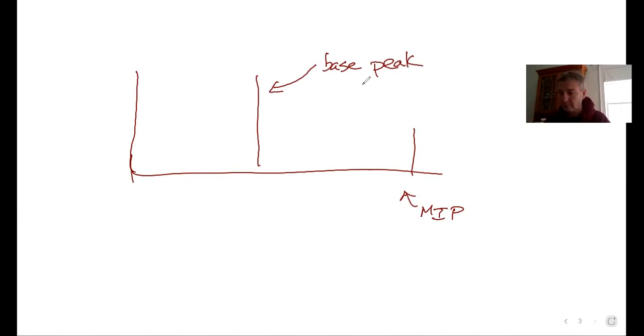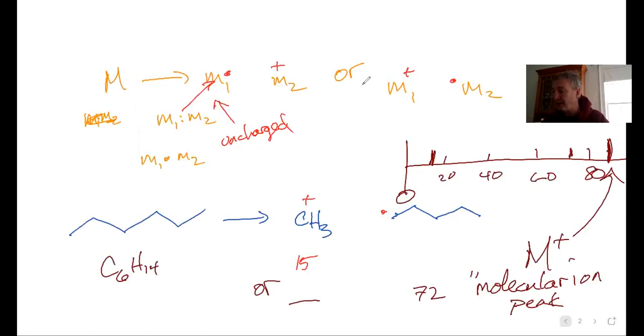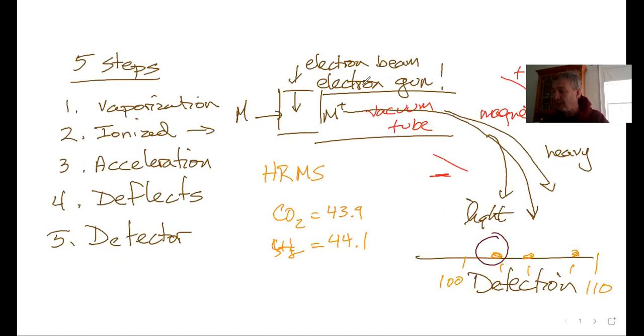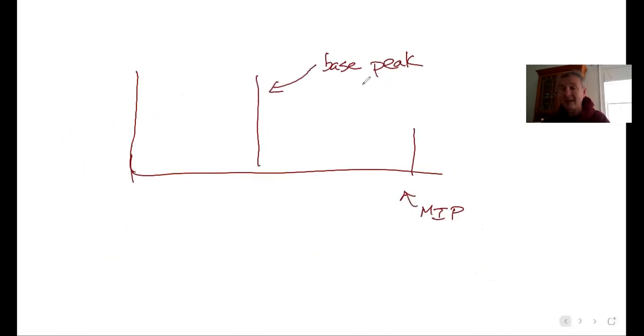Now, thing to know, this is a histogram. So what it tells you is the number of times that the detector was hit here, here, and here. Sometimes it would be mostly this one fraction, or mostly that fraction, or mostly the molecular ion.